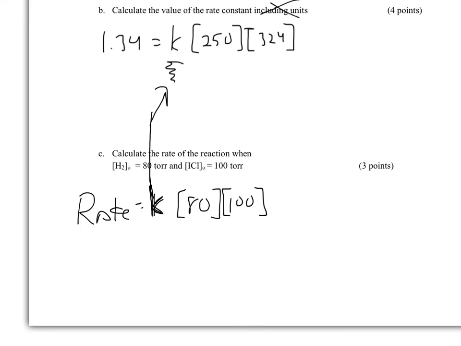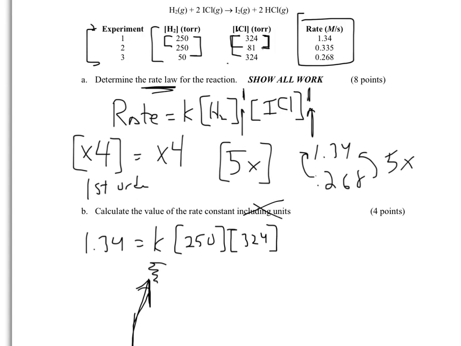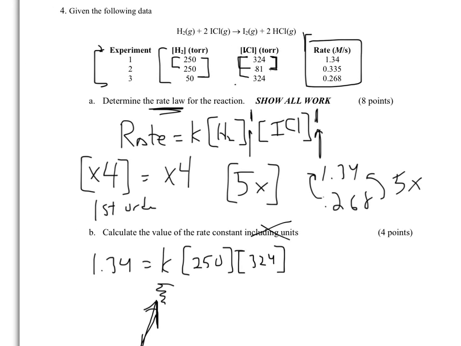And so you can grab the number that you just solved for in part B and put that in. Again, you do not have to have B correct, but you need to know what a rate law is so that you can be consistent with how you're treating that. And you can solve that, just because this is now the only thing you don't know. And so you can multiply those three values that you have and get the correct answer, and the correct answer should be in molar per second, because that's the unit for rate up here.